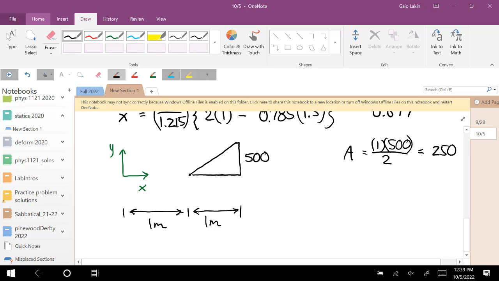You could get those units just by multiplying out the units for the distributed load and the length, because this is newtons per meter. And the centroid of that shape, again, since this force is just straight down, we only care about the x location of it.